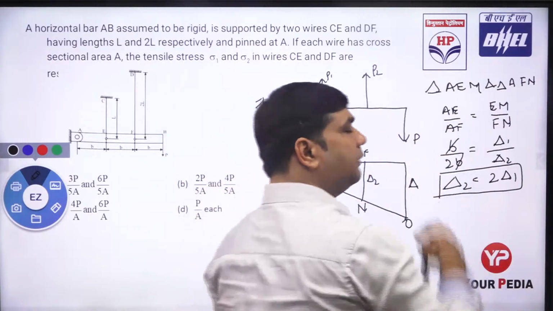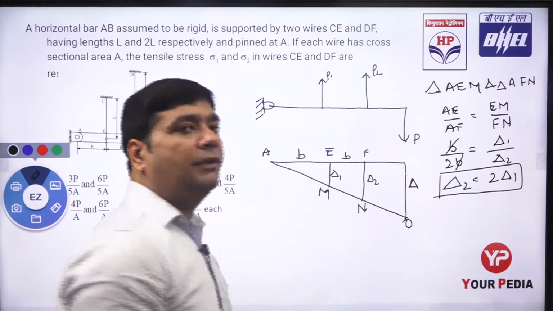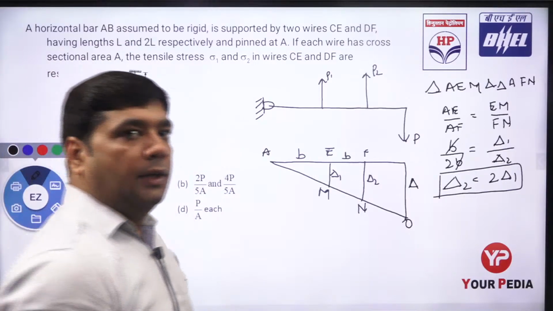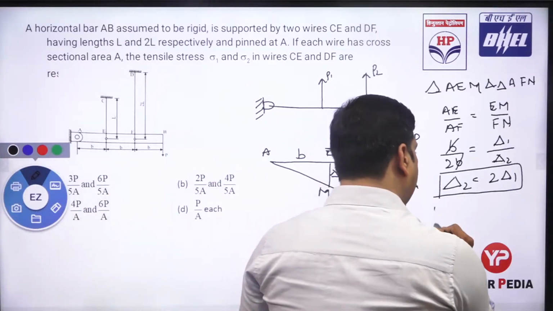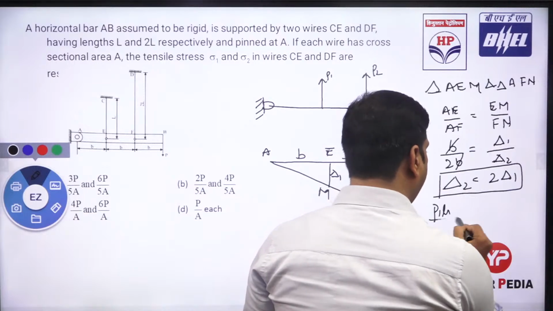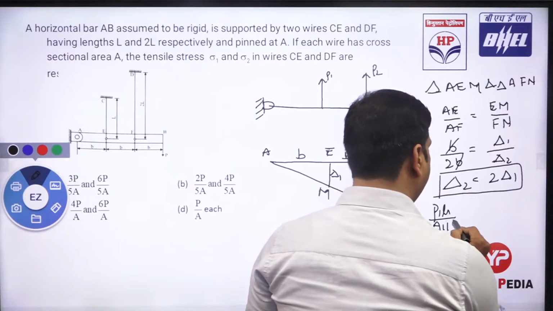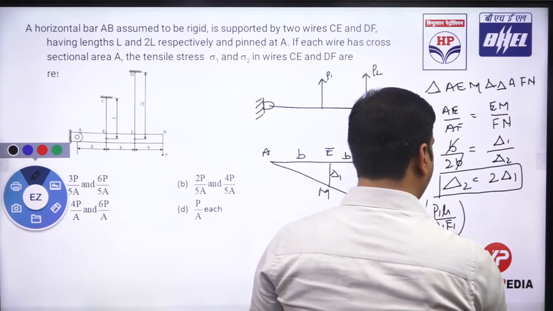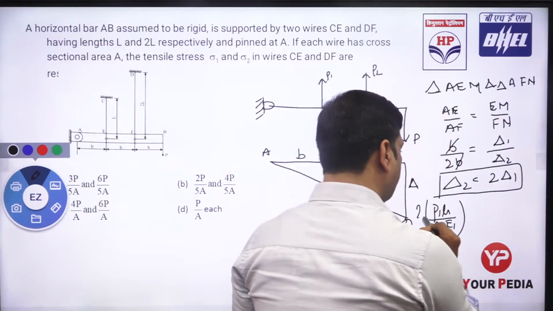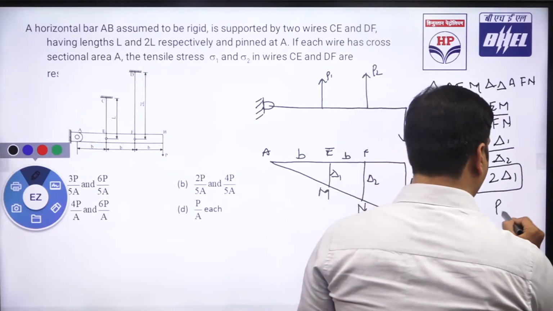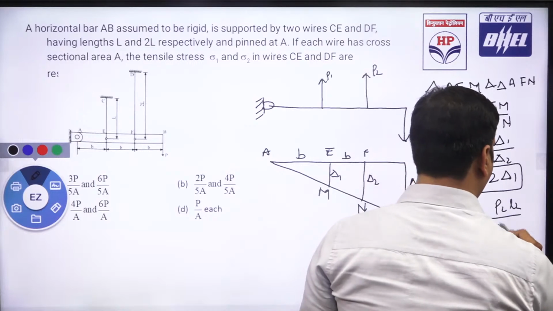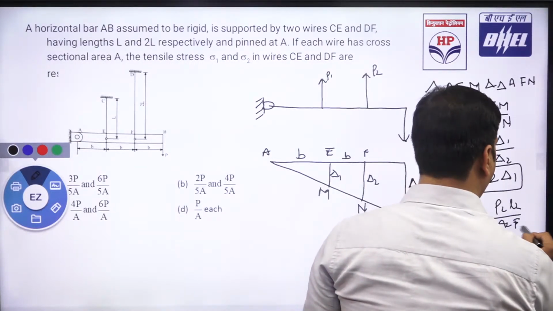So as we know, the deformation depends upon P1 L1 upon A1 E1. So here we can also write P1 L1 upon A1 E1 into 2 equals P2 L2 upon A2 E2.